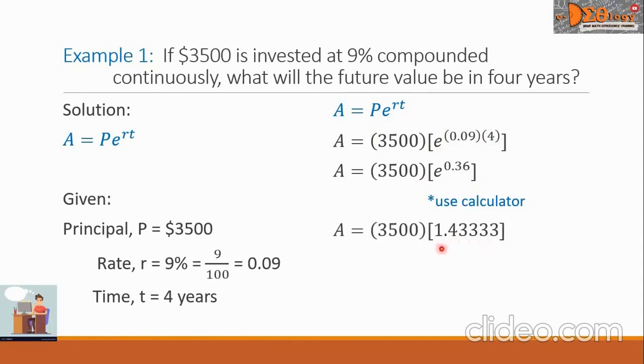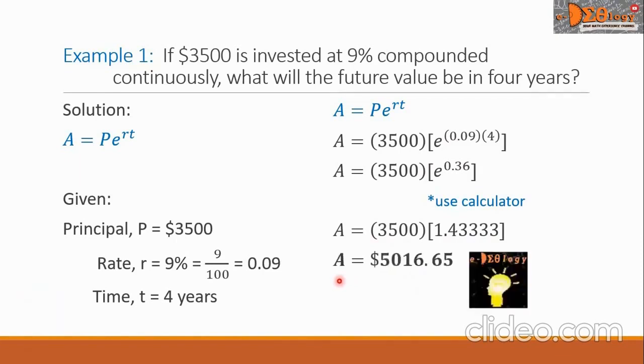This decimal we will multiply to 3,500 and the product will be 5,016.65. This is our A. This is the future value. Of course, we will attach our dollar sign, and this is our final answer.